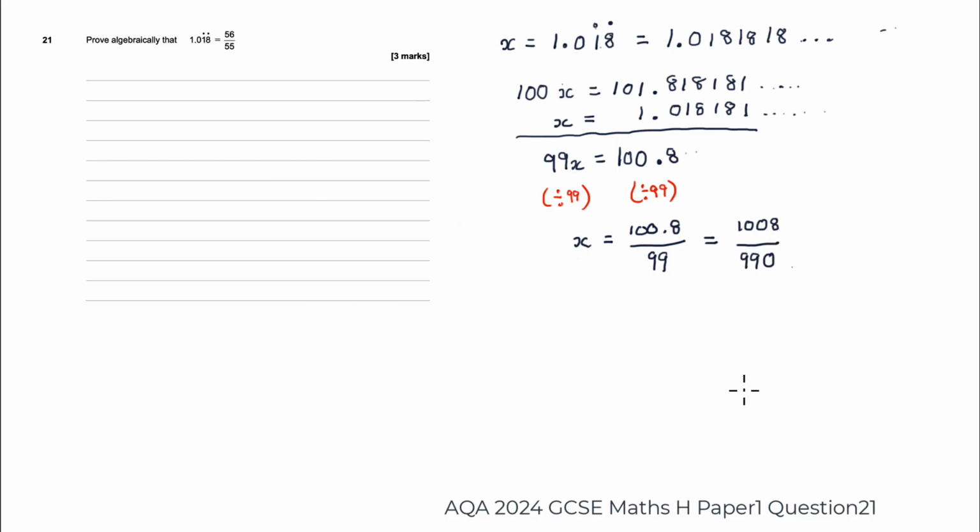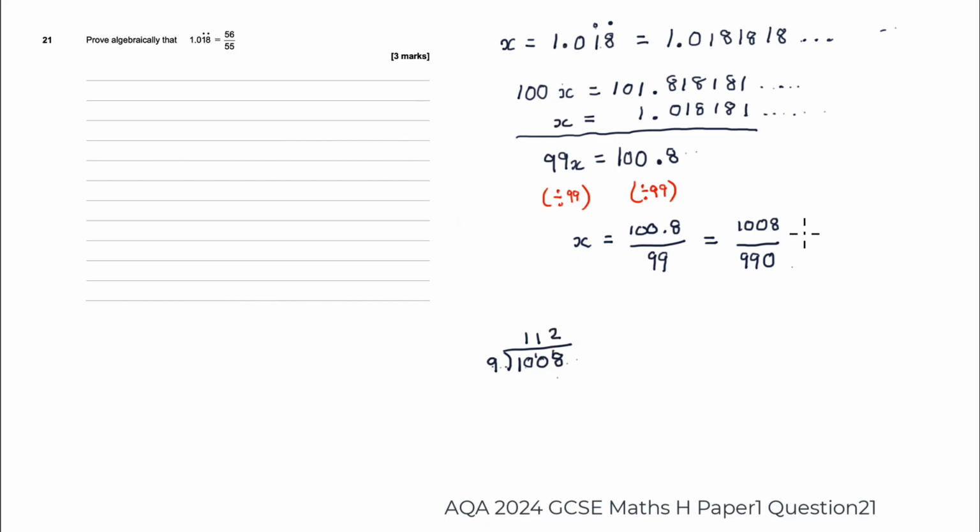Now it just remains to do some cancelling. Probably by the looks of this, 9 will divide into both of these numbers. So remember, there's no calculator, so we just have to slog this thing out. So 9 into 10 goes 1, 1 over. 9 into 10 goes 1, 1 over. 9 into 18 goes 2.